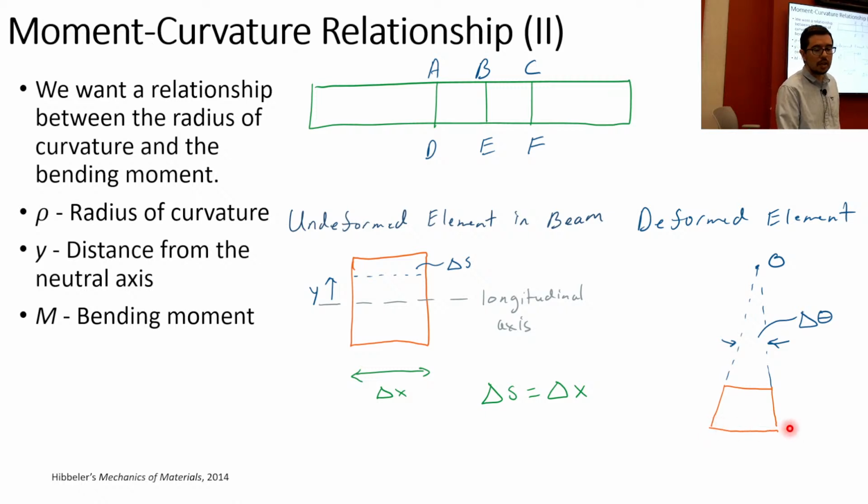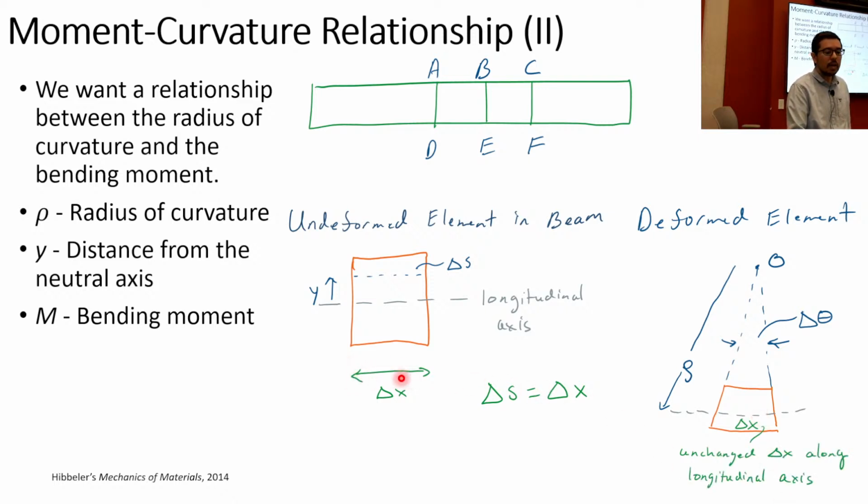And there's a rho, right here, that we can define, going to the neutral axis or the longitudinal axis, like this. That's the radius of curvature. And it's sweeping out now a delta theta. In this case, we had no delta theta, it was undeformed. But now that we've applied some moment and we've bent it a little bit, we have a defined delta theta.